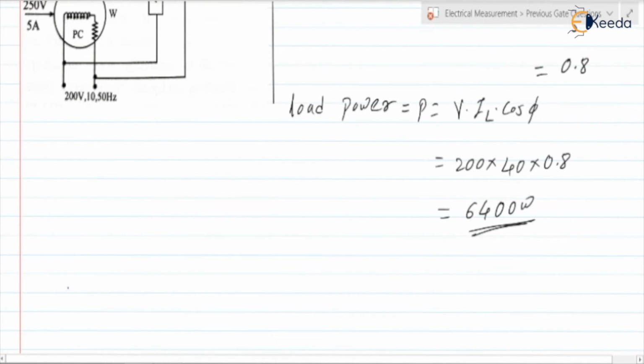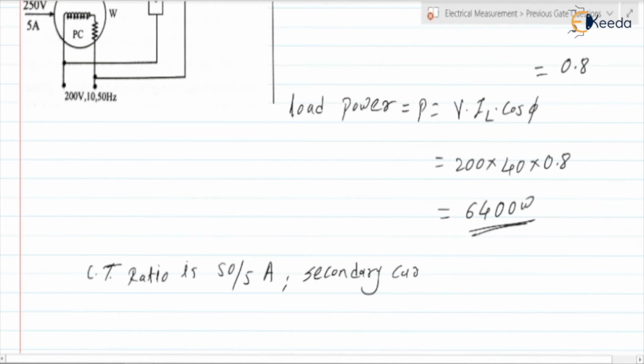Now it is given that the CT, means current transformer, CT ratio is 50/5 ampere. The primary current of the CT is nothing but the load current.